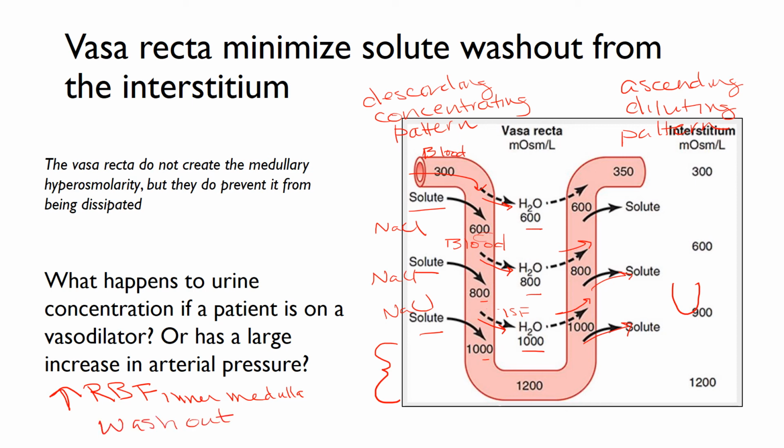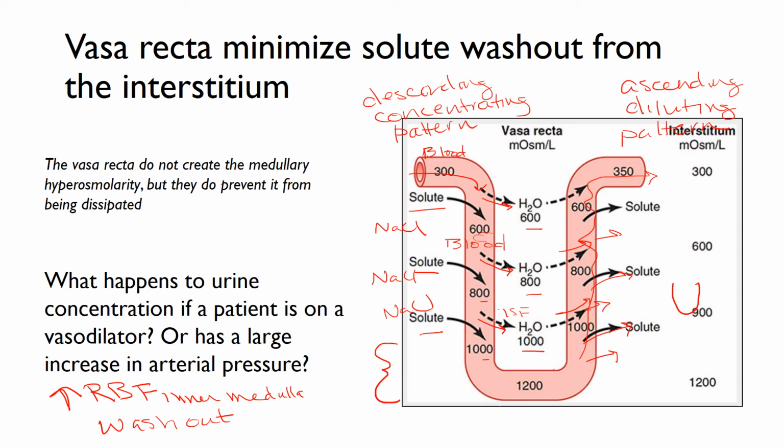A washout means essentially that because of that increased renal medullary blood flow, some of the solutes from the renal medulla get essentially washed away, meaning that they don't have time to leave the blood vessel again, okay? And so it just gets kind of sucked on up and out of the hairpin turn area.